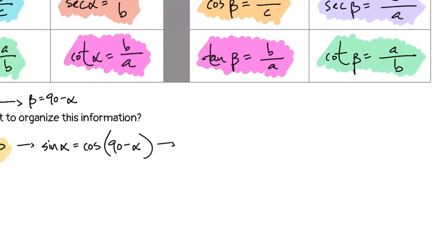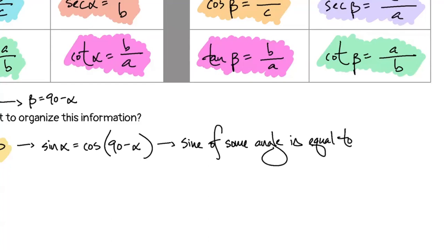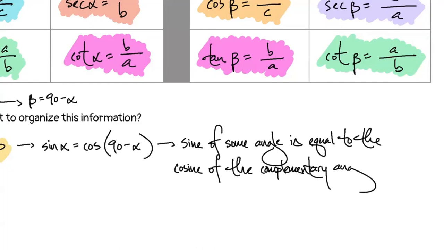In words, here's what it means. Sine of some angle is equal to the cosine of the complementary angle.